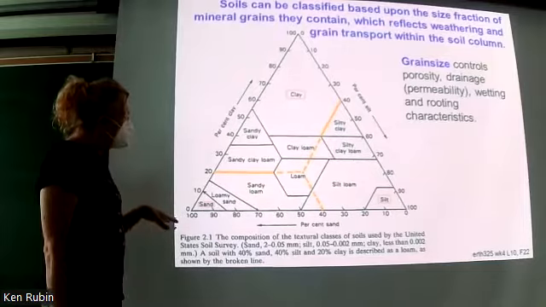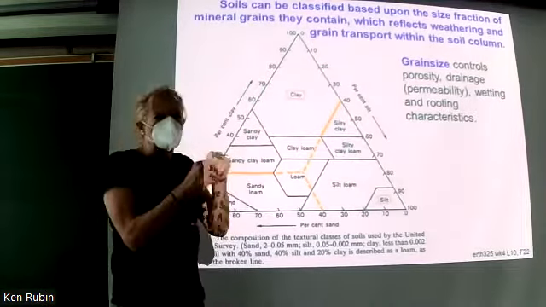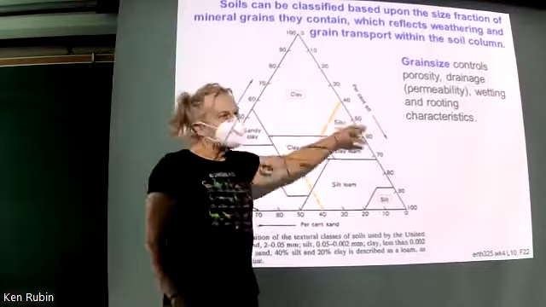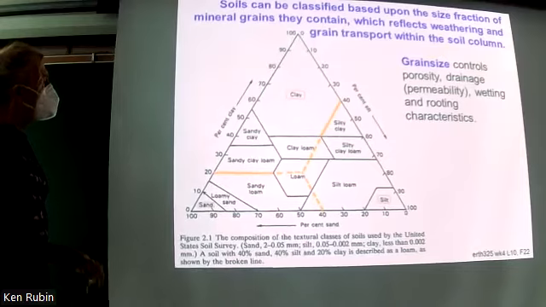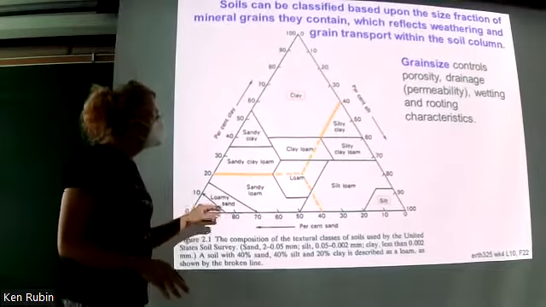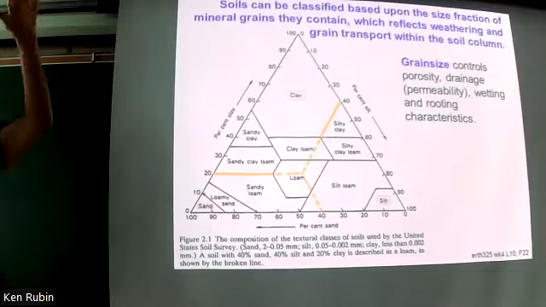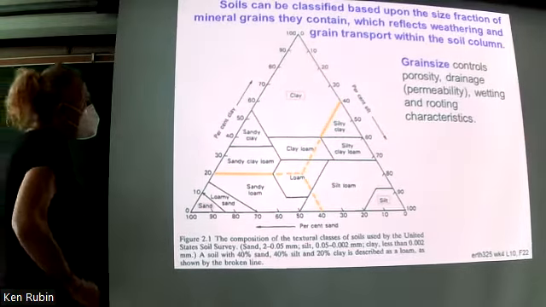Okay. So this is a ternary diagram with three axes: percent clay, which is really fine particle, percent sand, which is coarse, and percent silt, which is in between. Okay. And so depending on the relative proportion of each one of these three things, you'll either have higher or lower porosity in your soil column and higher or lower permeability.